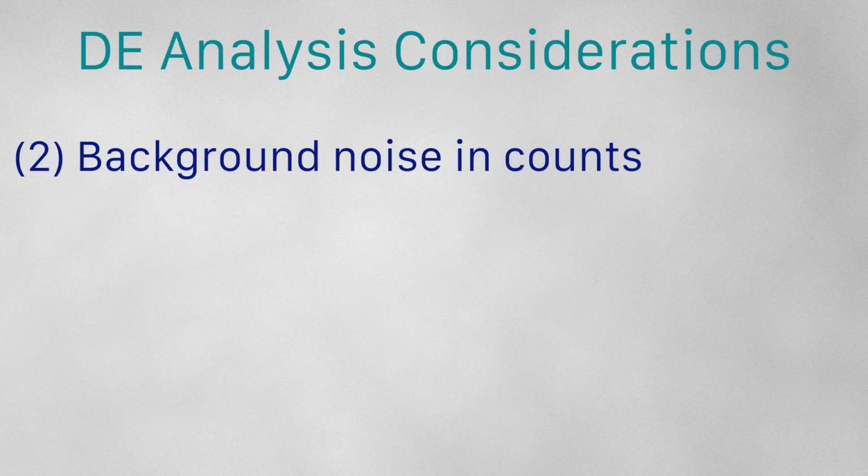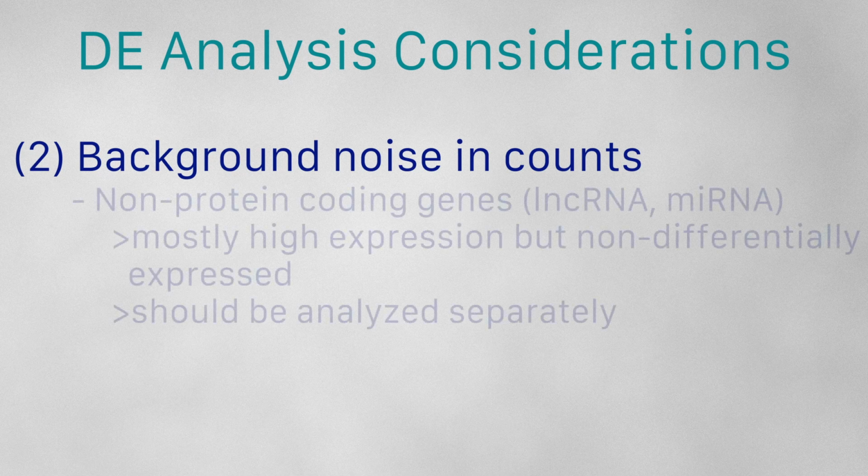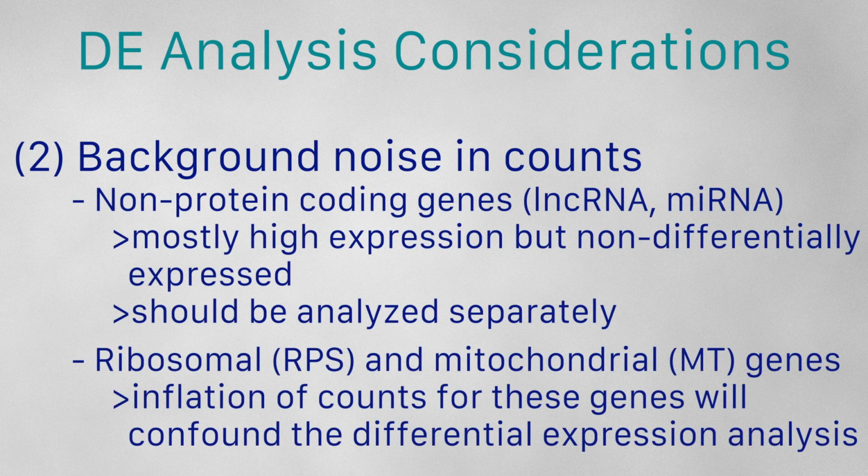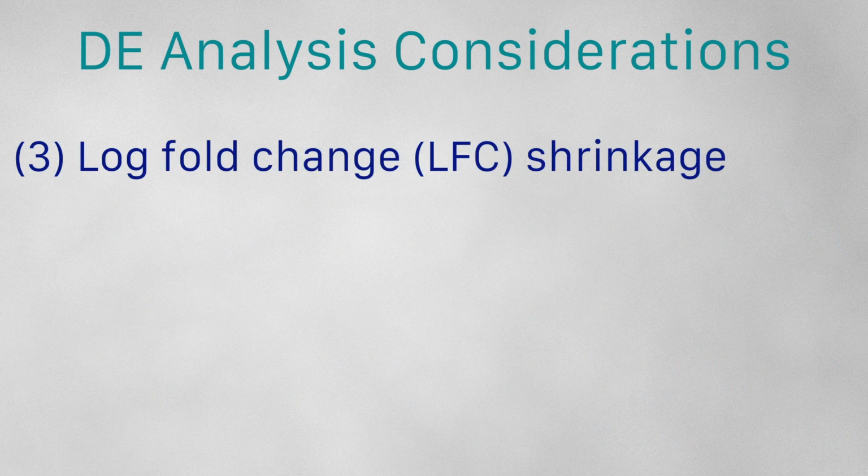Another factor is background noise arising from genes with very low but non-zero counts and genes that have high but non-significant expression between groups. Finally, one also has to consider whether to do log fold change shrinkage or not.